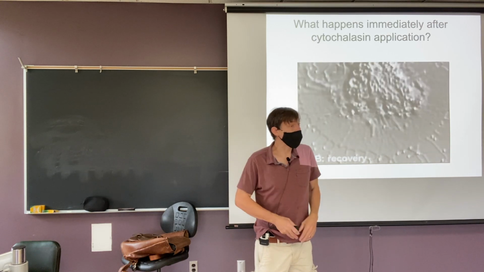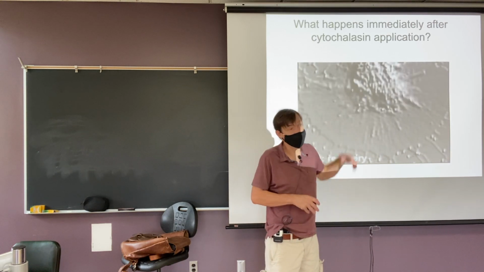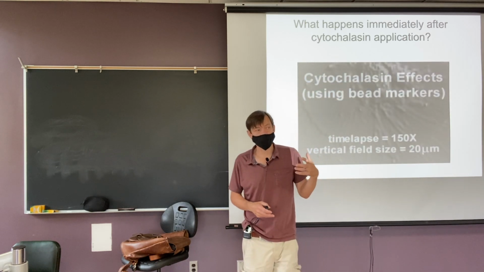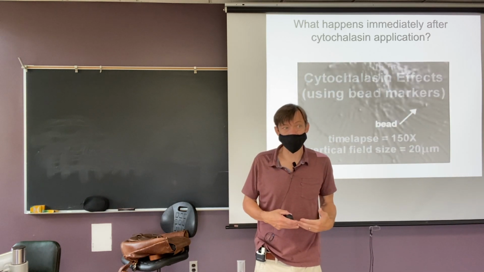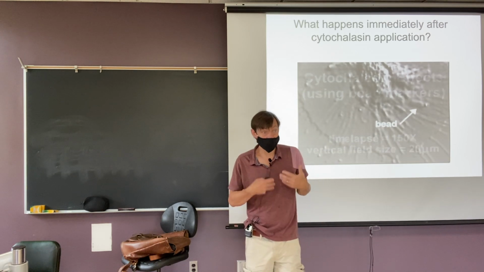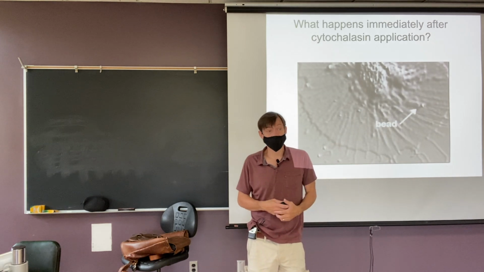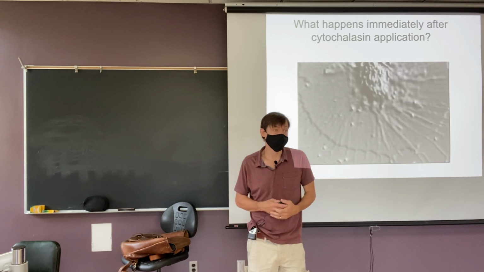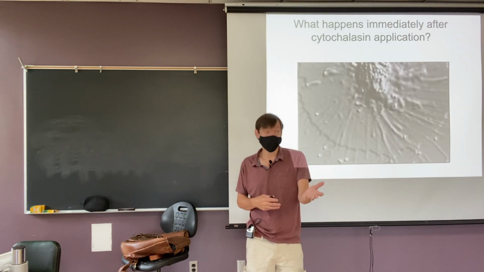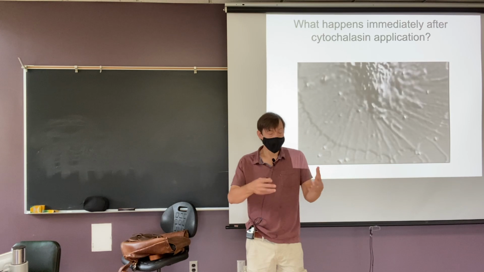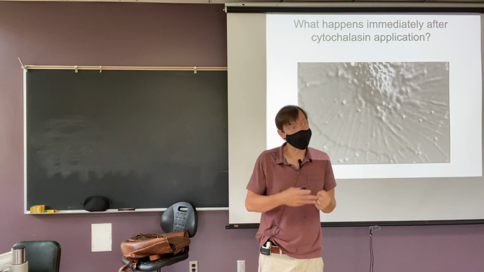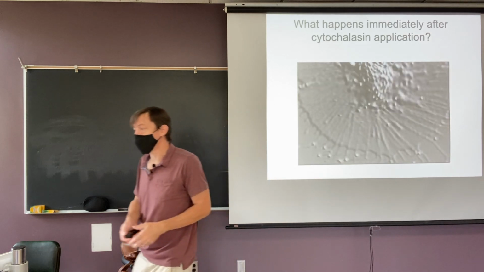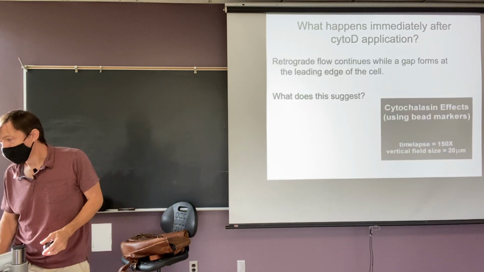Does this imply that actin filament assembly is driving this retrograde motion? You still see this retrograde flow, but actin filament assembly has been stopped. Does this mean that the filament assembly is driving the flow, or could there be something else going on here? Exactly. The fact that this flow continues when the actin filaments are away from the leading edge suggests that there's something else going on here.